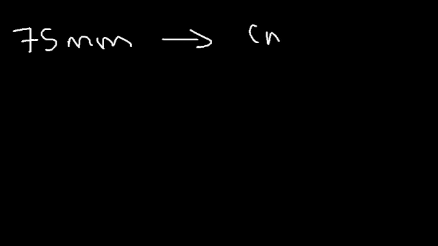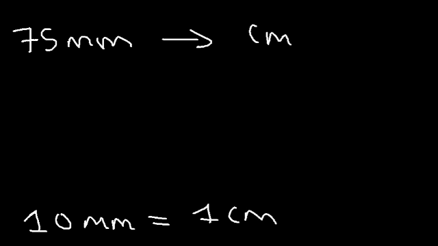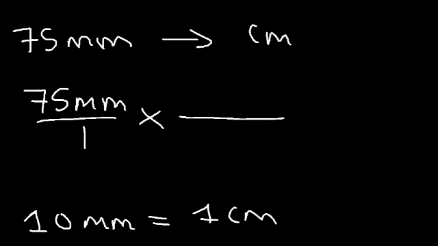Let's try another example. Convert 75 millimeters into centimeters. The conversion factor is 10 millimeters is equal to a centimeter. So how would you set it up, and what's the answer? So let's start with what we have, which is 75 millimeters.